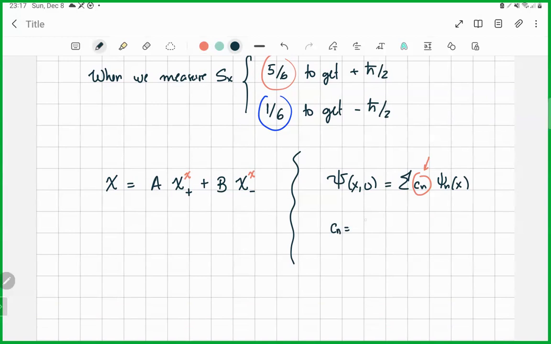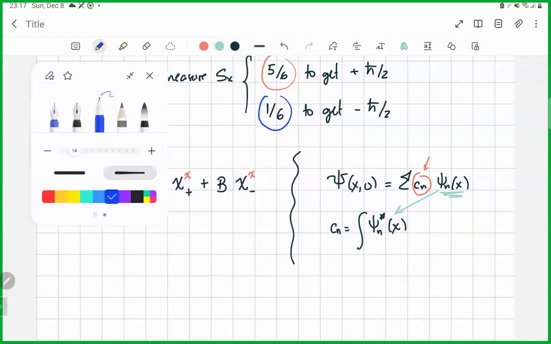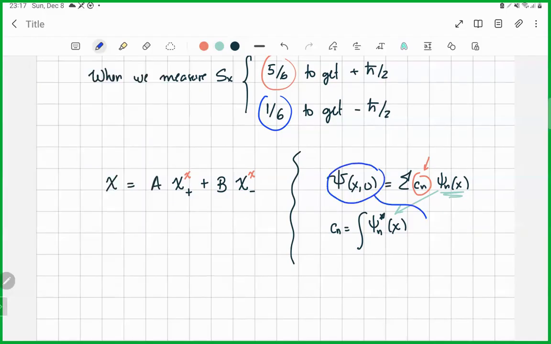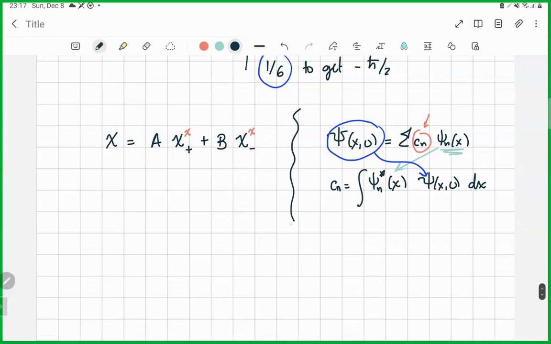We would do the integral of this state, complex conjugate, so this state comes here, and the initial state is here, right? So we already studied this in chapter 2. And what does it mean if you want to use the notation from chapter 3? How could we write that? Using the bra and the ket.